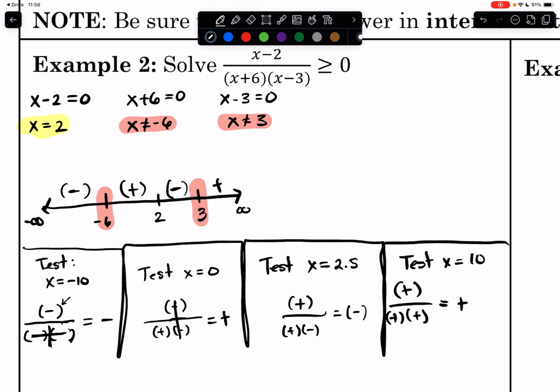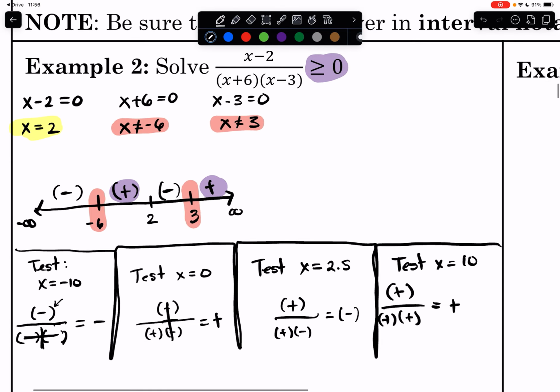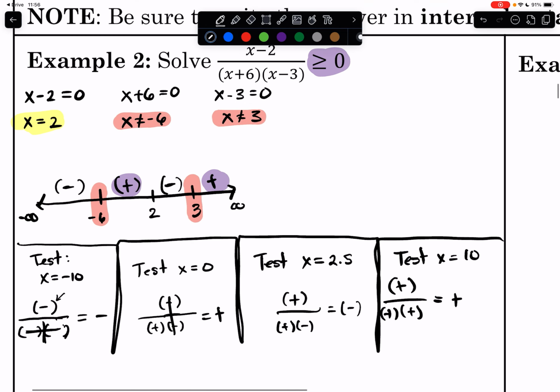So there. Now, the question is asking us, when is this inequality going to be greater than or equal to 0? Well, it's greater than 0 on the plus side, okay? So here and here. Now, because it equals 0, we can include, again, the zeros. Not the restrictions on the domain, but the zeros.